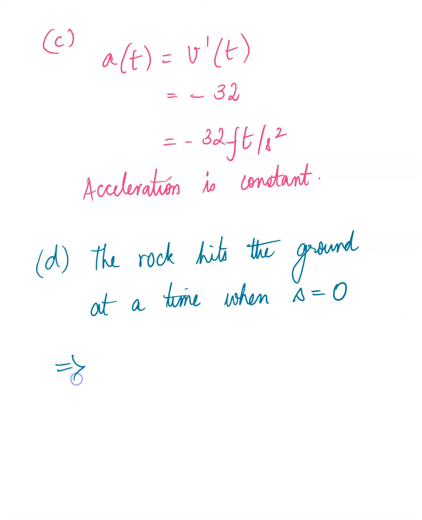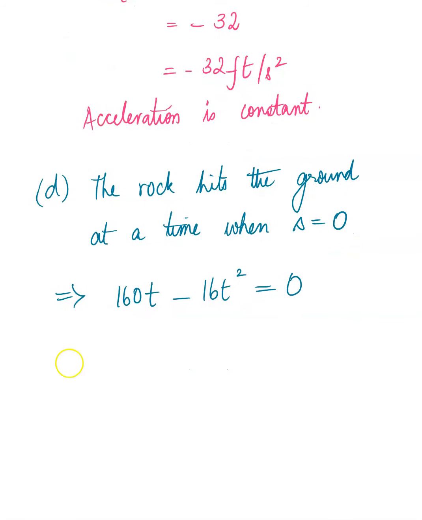So this implies your S, which is 160t minus 16t squared, is set to 0. Now if we can find the t, that will help us to locate the time when the height is 0. So once again, factor out negative 16t.